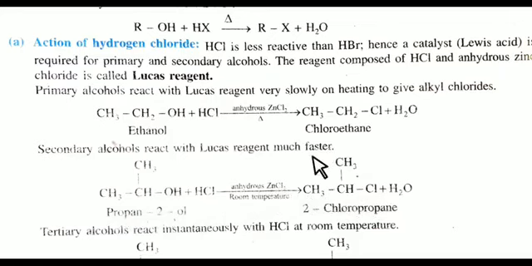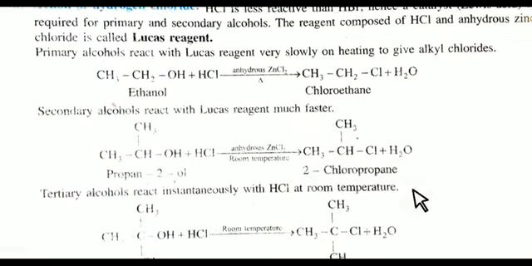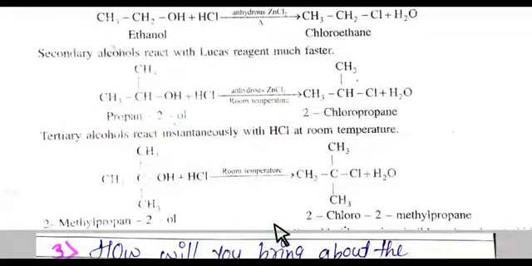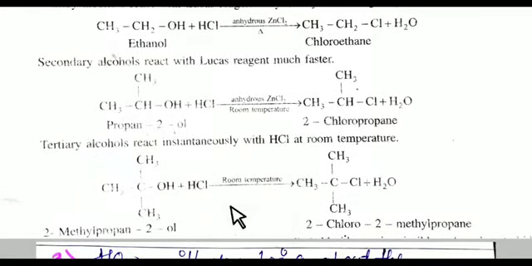It forms secondary alkyl halide, meaning 2-chloropropane, and the water molecule is the byproduct. Now the tertiary alcohol reacts instantly with the Lucas reagent at room temperature. See here student, primary alcohol reacts slowly, secondary alcohol reacts much faster than primary alcohol, and tertiary alcohol reacts instantly. It means that here tertiary alkyl halide is formed.